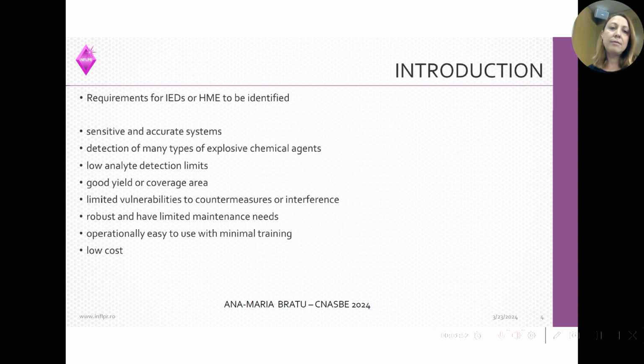Systems that are used to identify them must be sensitive and accurate, must detect many types of chemical agents, must have a low analyte detection limit, and must be operationally easy to use with minimal training and low cost.